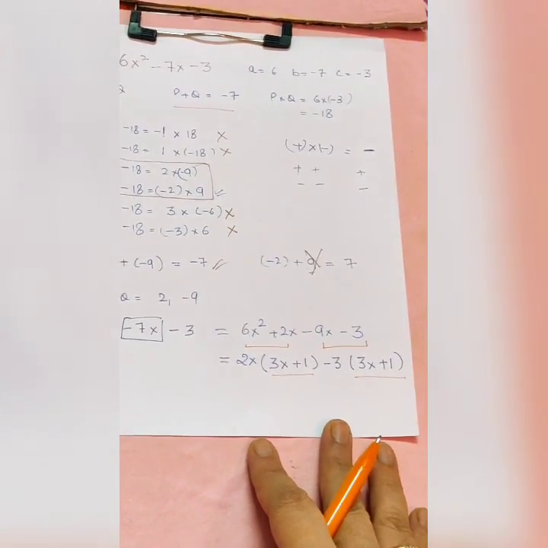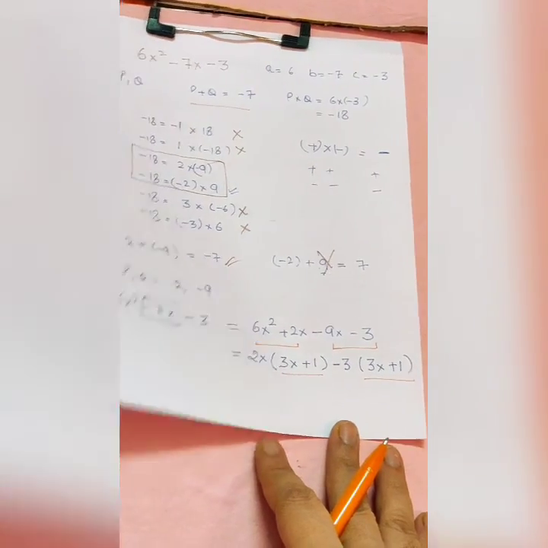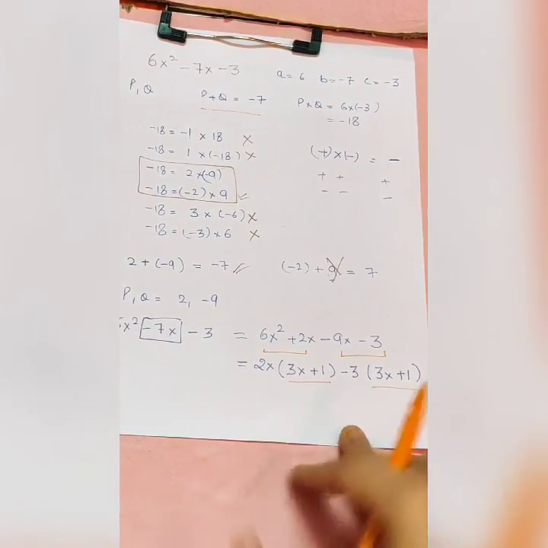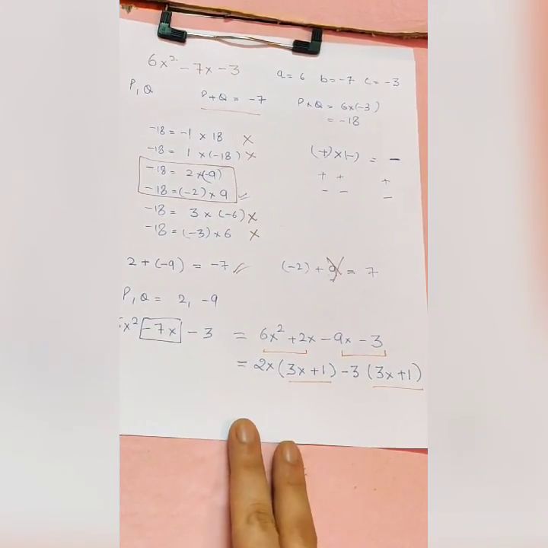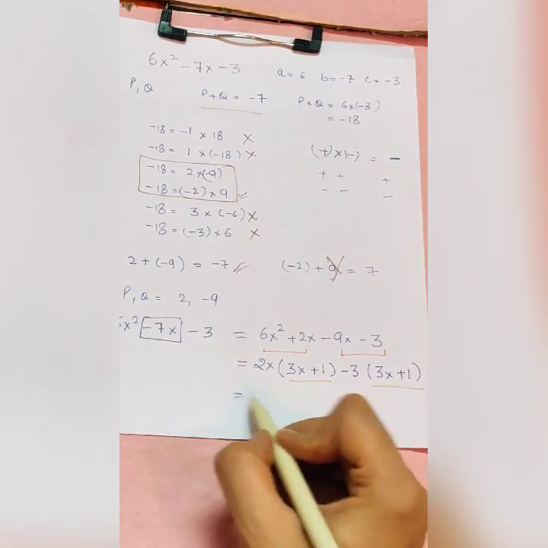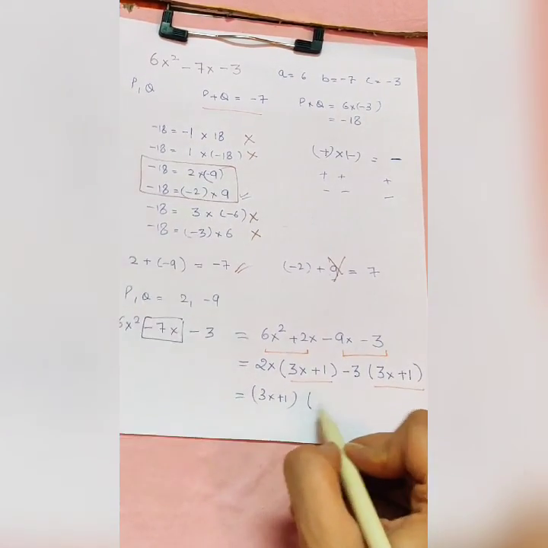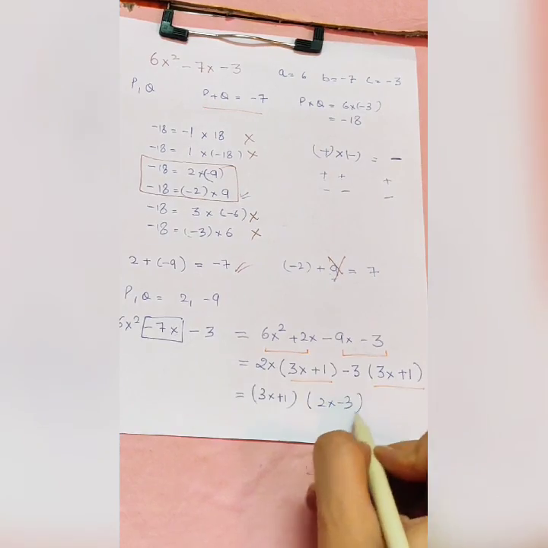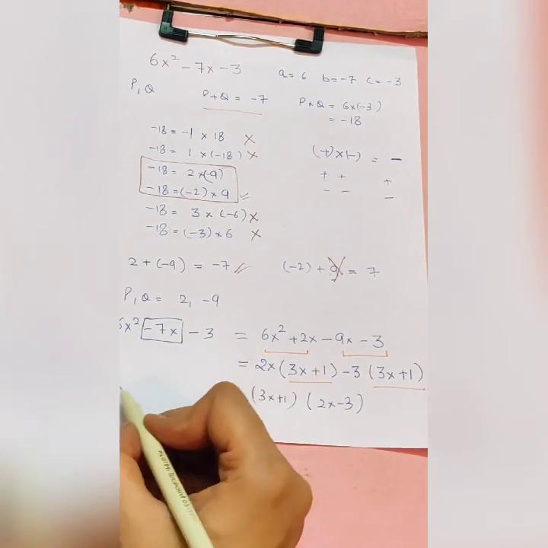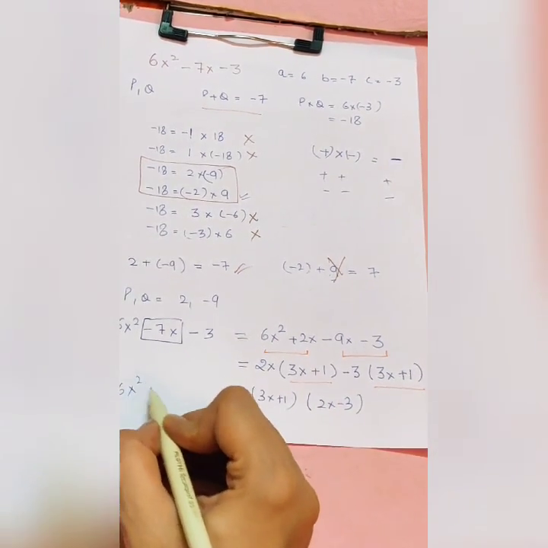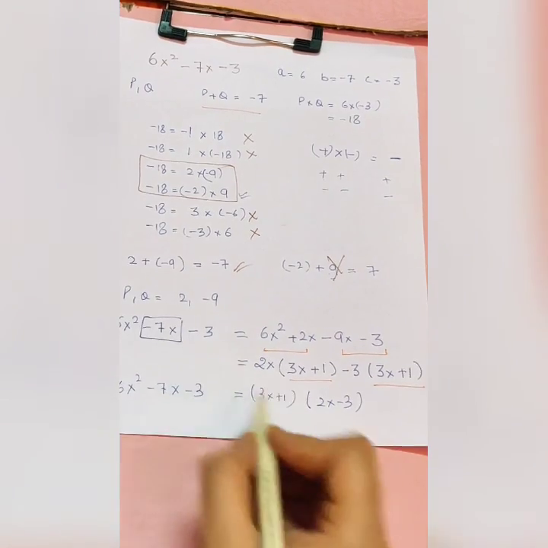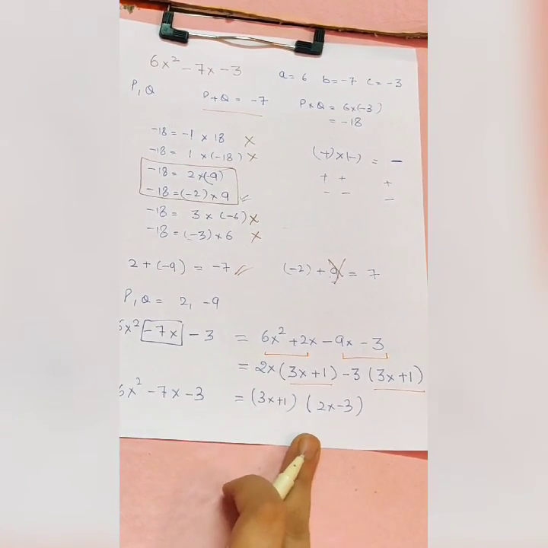These two are the same. So we are left with 3x plus 1 out, common, and we are left with 2x minus 3. So here we have factorized the polynomial 6x square minus 7x minus 3 as the product of these two.